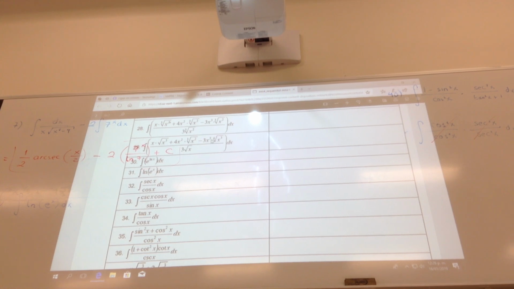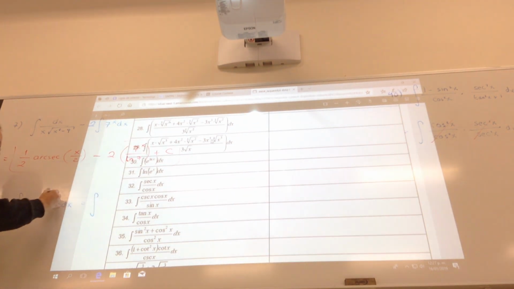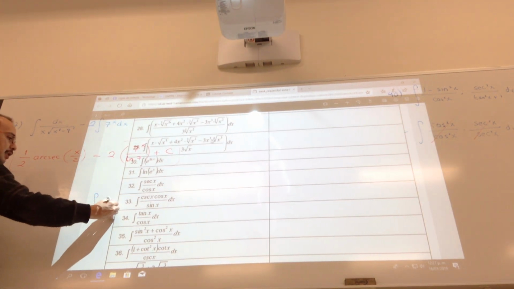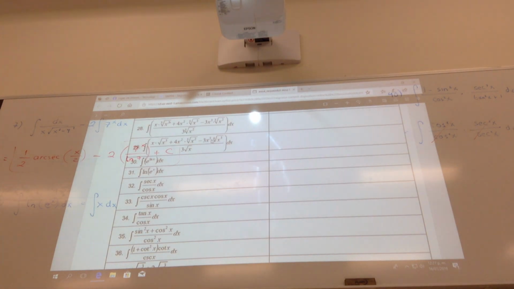Very good. You remember ln and e are inverse functions, so I can just cancel them. Basically, ln of e to the x simplifies into just x, so integral of x dx. And the answer will be x squared over 2. Very good.